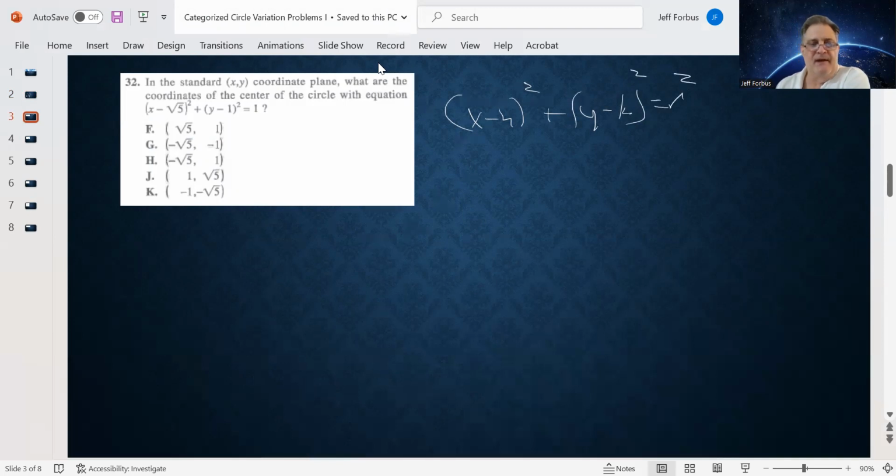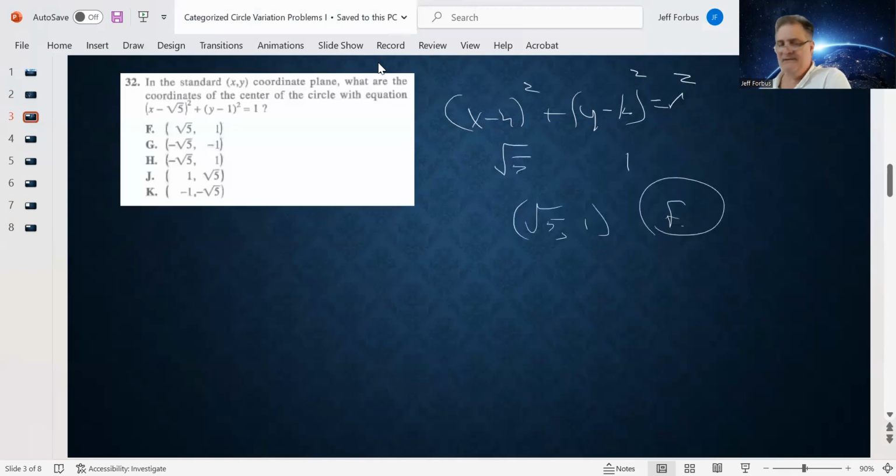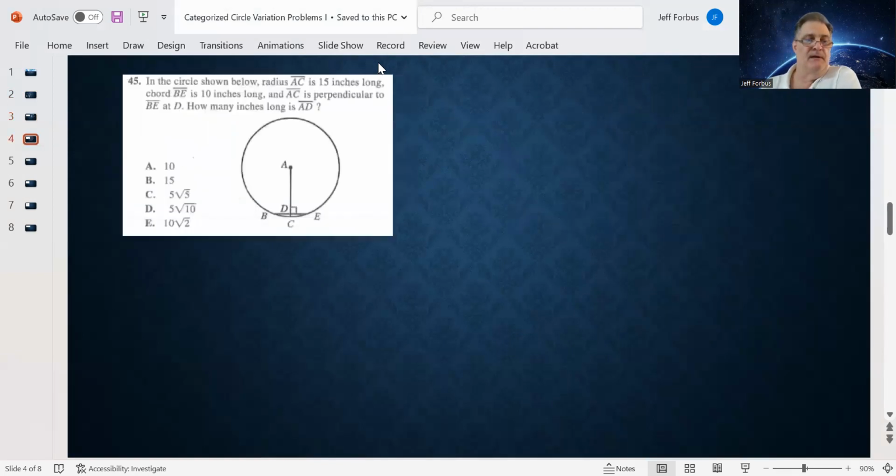So our h and k values here are represented by the square root of 5 and then 1. Therefore, our coordinate pair is going to be the square root of 5, comma 1. And that's going to be the center of the circle. So that's going to be answer choice F. A lot of these are really easy once you understand how to use that formula. And then they put some together like this, where you have to really do some thinking.